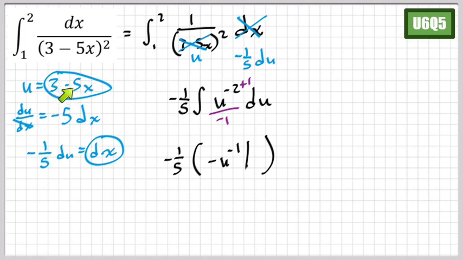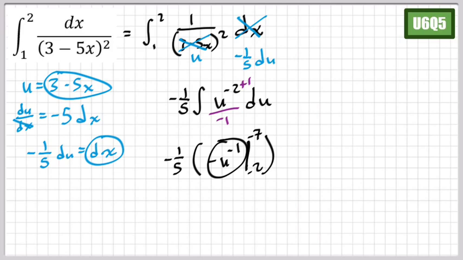That would be negative 10. What is 3 minus 10? Negative 7. Now I'm going to take this 1 and plug it in. What is 3 minus 5? Negative 2. So those are the two numbers I'm going to plug in. So I'm never going to go back to x's. I'm going to plug in this negative 7 and this negative 2 because these are u's.